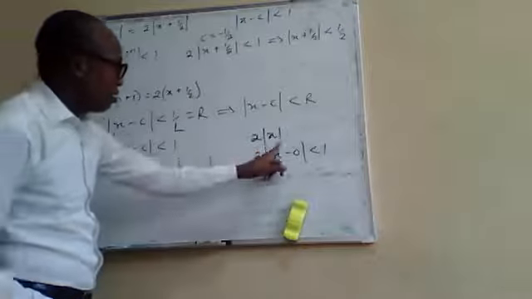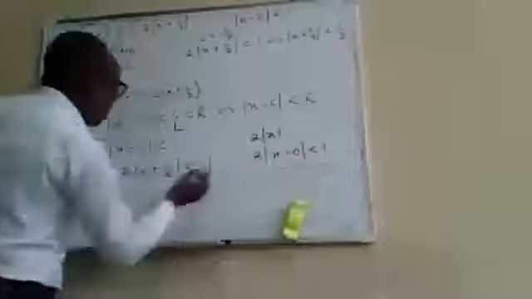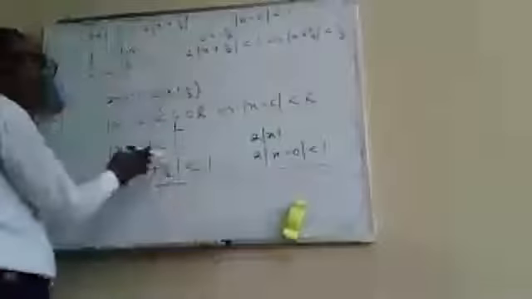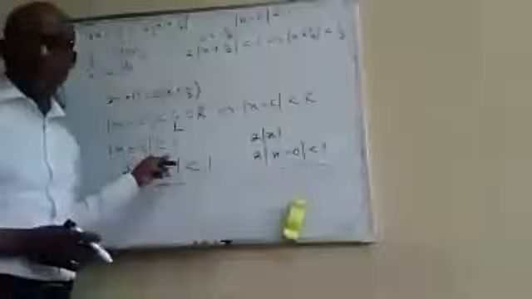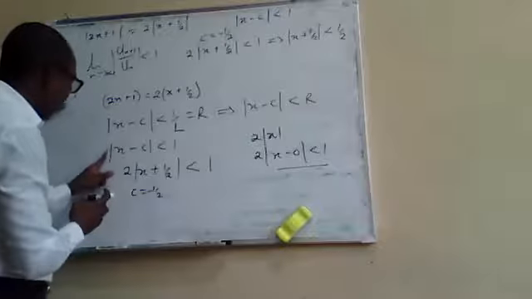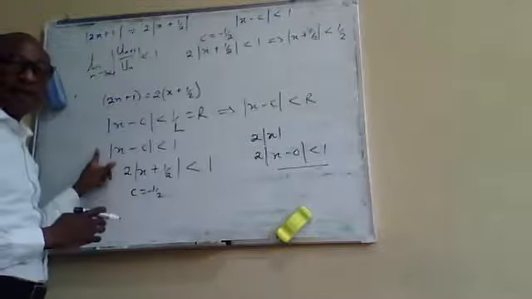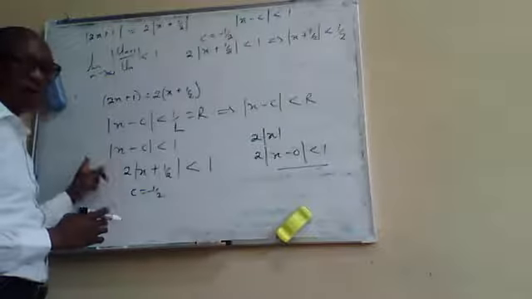I have to express it this way so that it can satisfy the definition for convergence. So my c here is minus 1 over 2. Ordinarily, you are not expected to have any value outside the absolute value, but we have a 2 in this case, so we need to eliminate that 2.